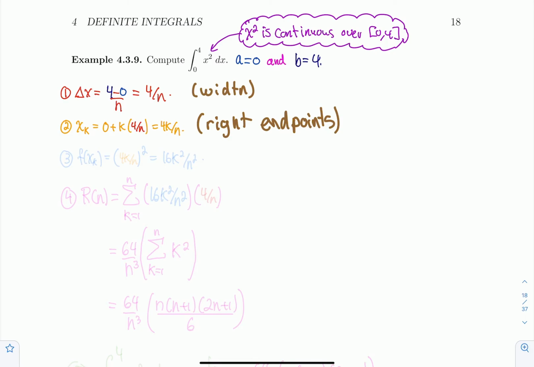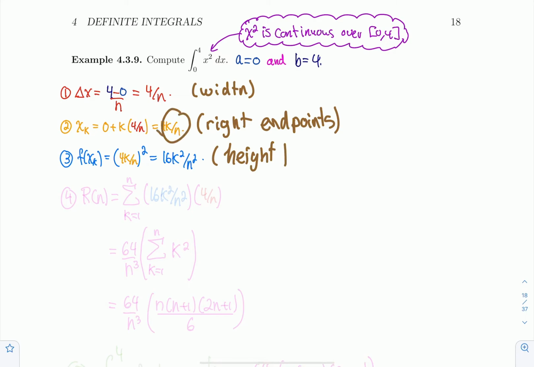K here is just an index that labels all the rectangles from the first one to the last one. Step 3 is to compute the height of the kth rectangle by computing the output of the function at the rightmost point of your kth subinterval. So step 3 is to compute f of xk. Here xk was freshly computed to be 4k over n.